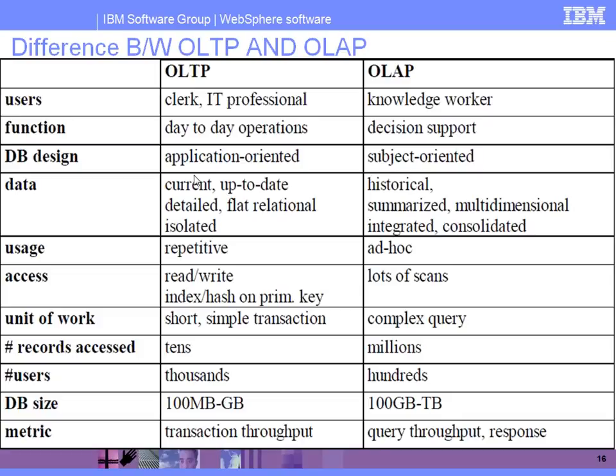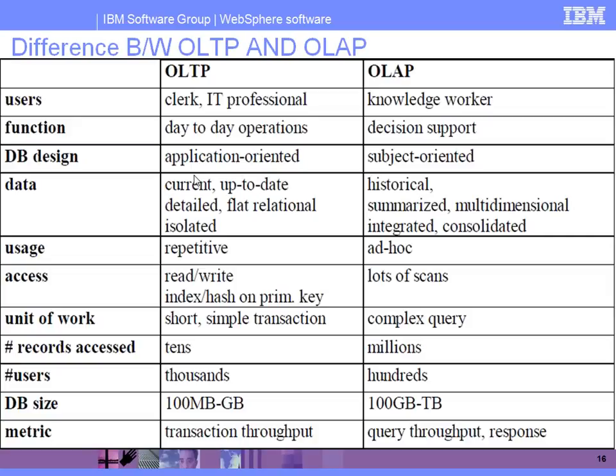When you go for a data warehouse, it's going to maintain historical, summarized, multi-dimensional, integrated, consolidated, subject-oriented, non-volatile, time-variant database. Meaning the data we are maintaining in the data warehouse will support all these features. If it is supporting all the features, that we can simply call data warehouse data.